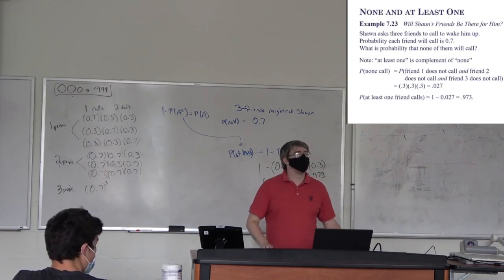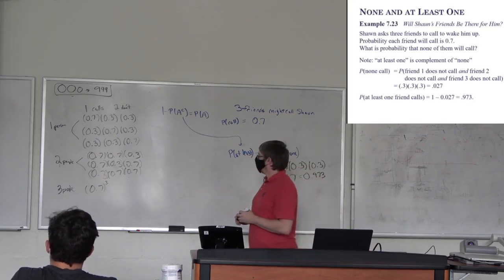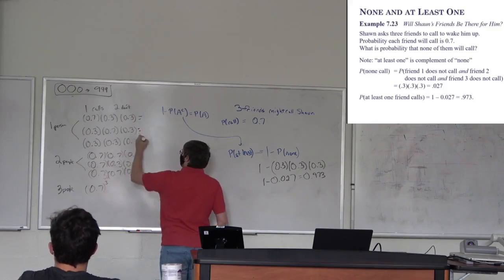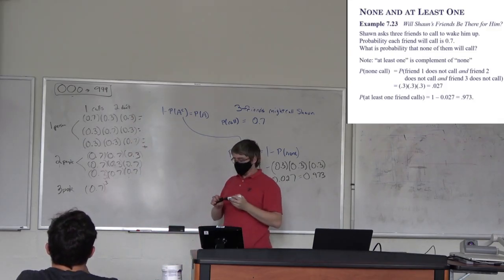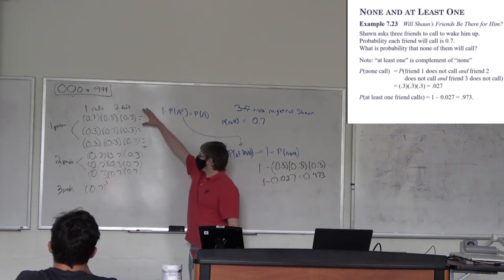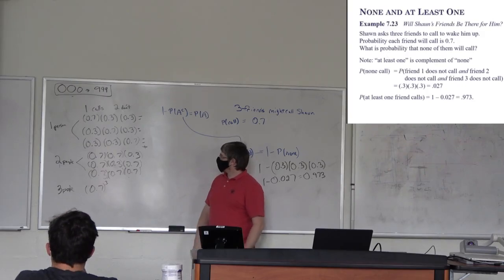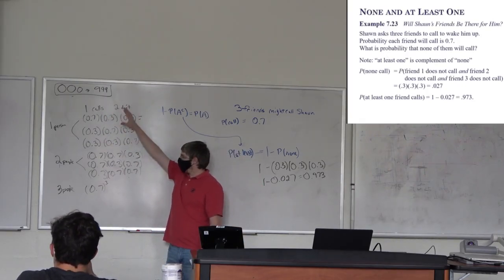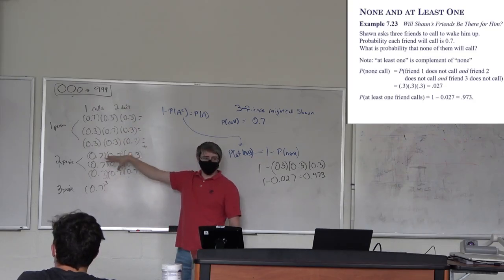Yeah? How do you get the 0.973 on that side? Would you have to multiply all these and then add them all together? All three people or just one? Add all 3 times that this can happen, because there's 3 ways in which one person calls, due to the ordering here. There is 3 ways to order it here.